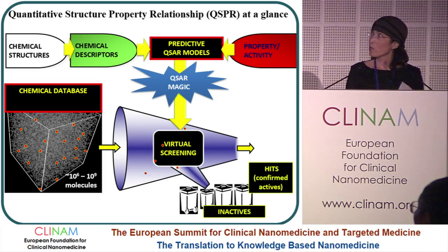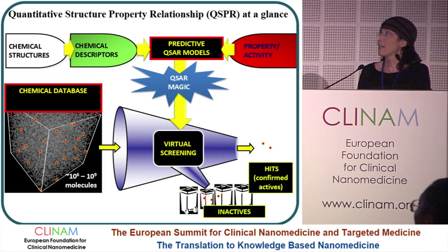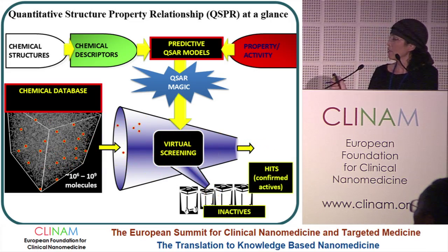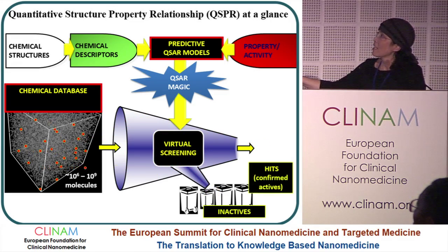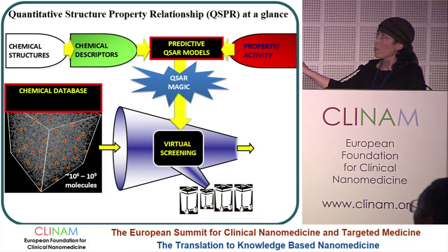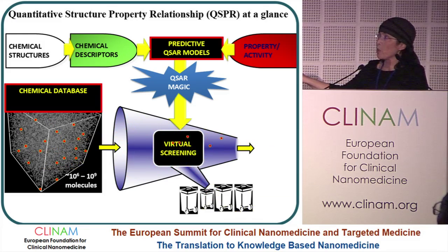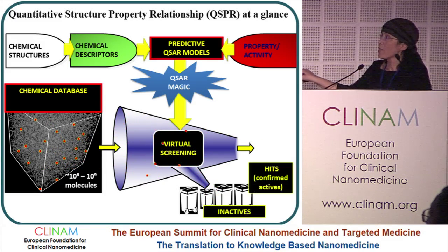This is a general illustration of QSPR studies. We have the chemical structures that are transformed to descriptors, and with the known property, they are translated to models by computational tools. Then the models that are generated are used for screening of a large molecular database, and we can see in the illustration the separation between actives and non-actives.